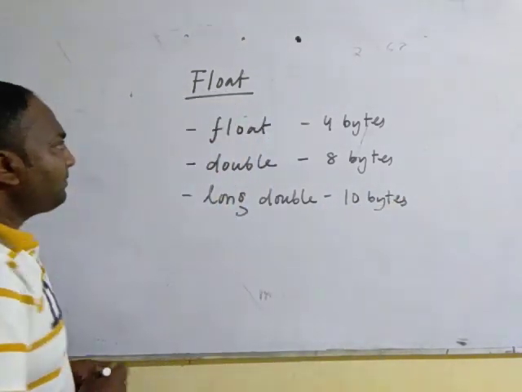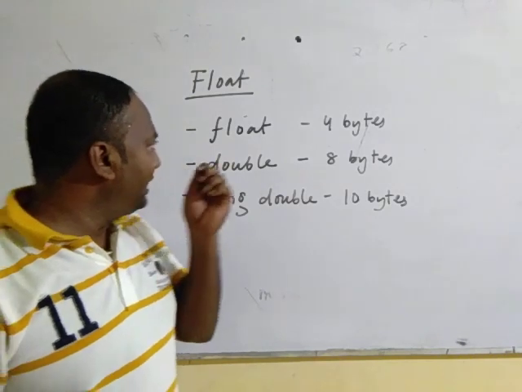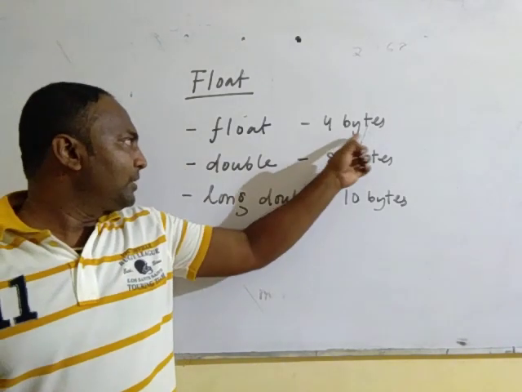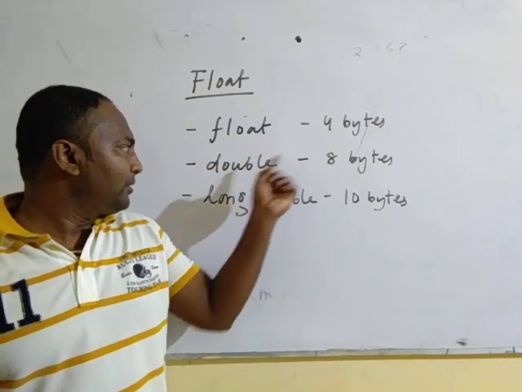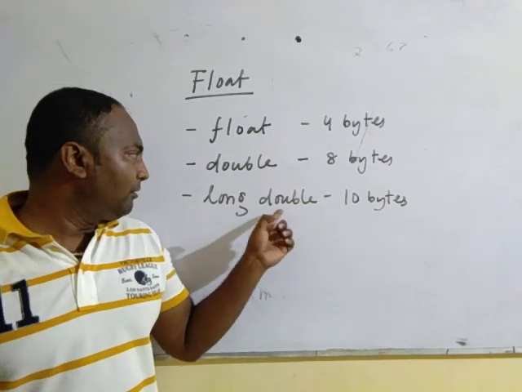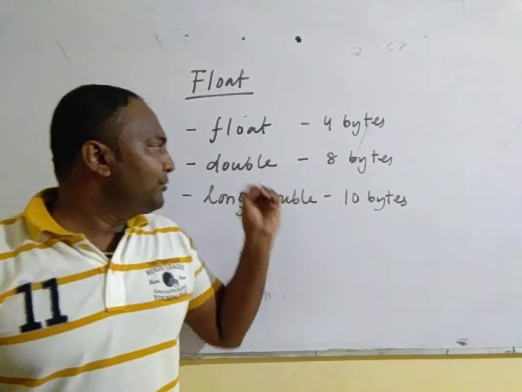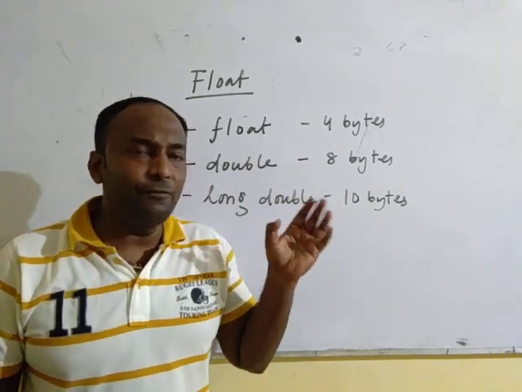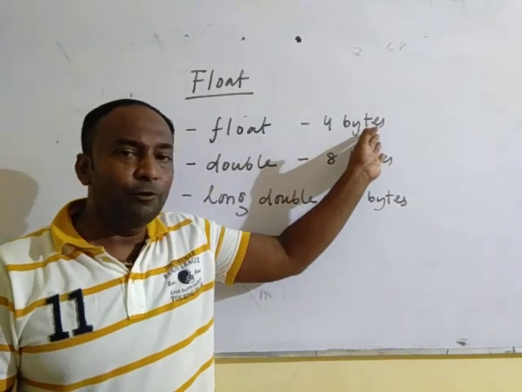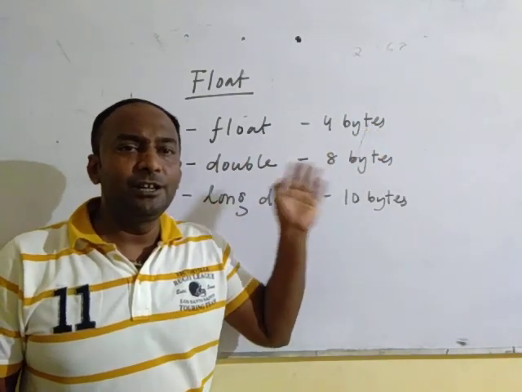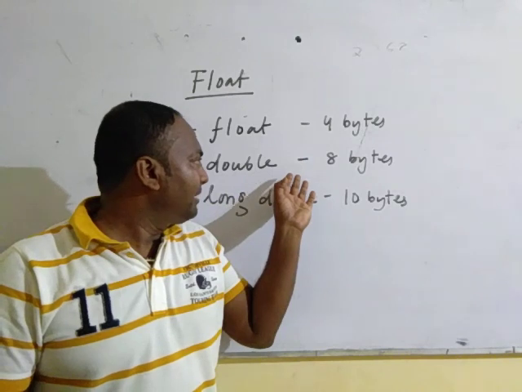Okay. So like this we can also calculate. This is the memory location, 4 bytes for float, 8 bytes for double and 10 bytes for the long double. So like this we can also find out the range of float values using the 4 byte memory space.